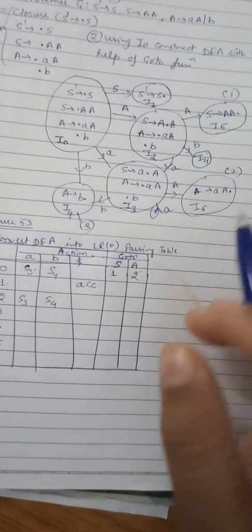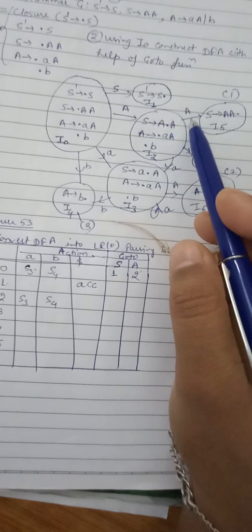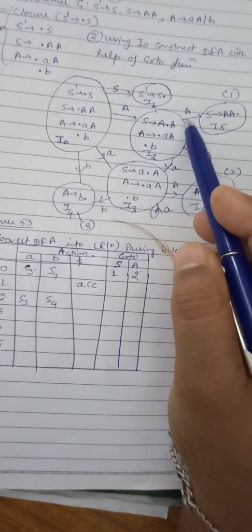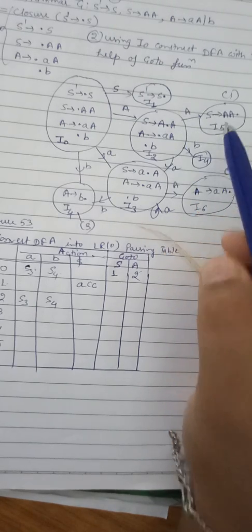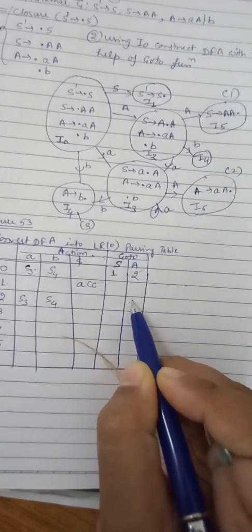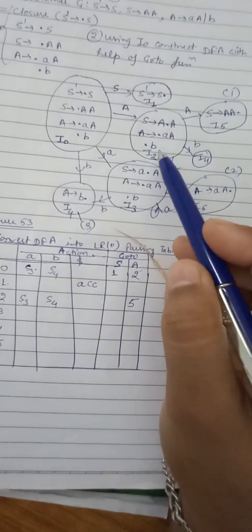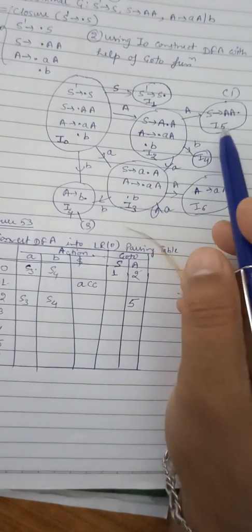And from the second state, for variable A, we are reaching I5, so we will write 5 here.